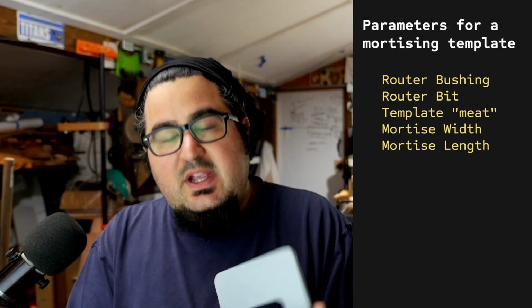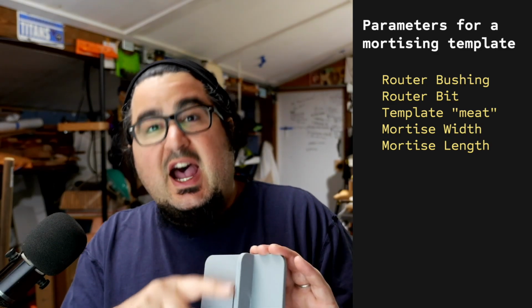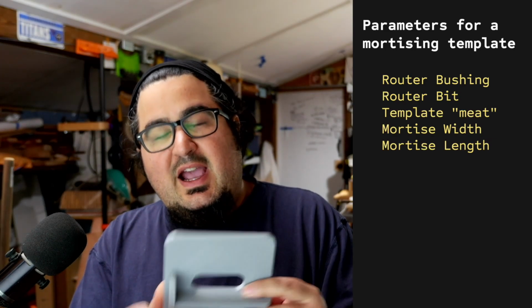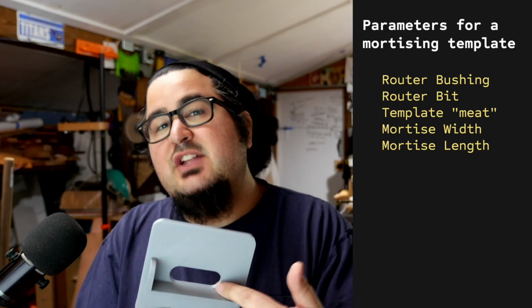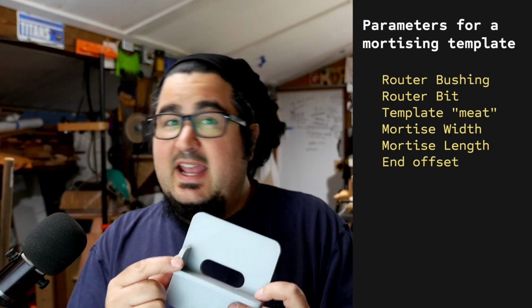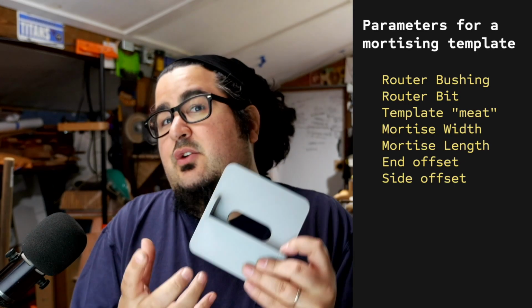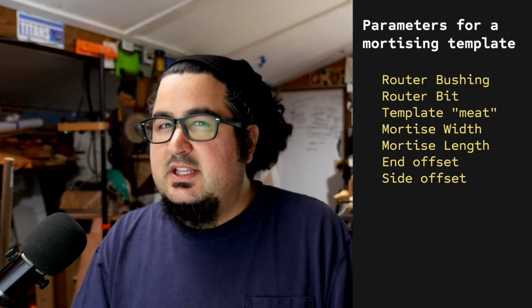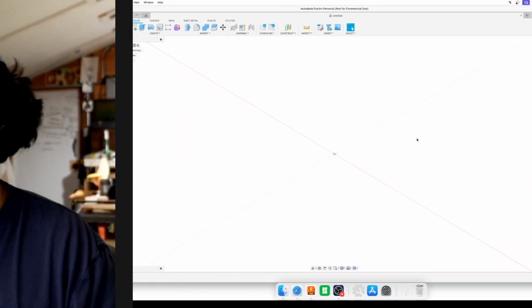And then also it's good to have stops on your mortising template, and how far away from the edge of the board do you want that mortise, and how far away from the side of the board do you want that mortise. So the end offset and the side offset, those are pretty important too. So that's pretty much our laid out list of parameters. Let's jump into Fusion and do it.